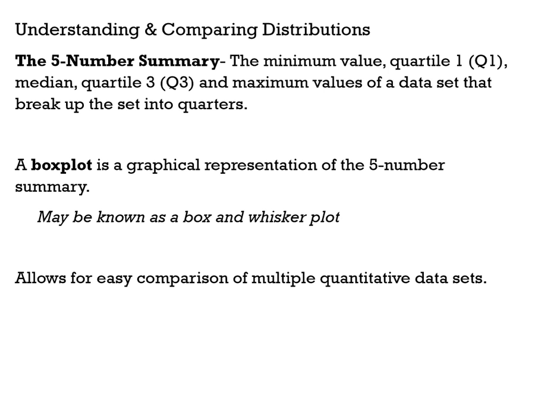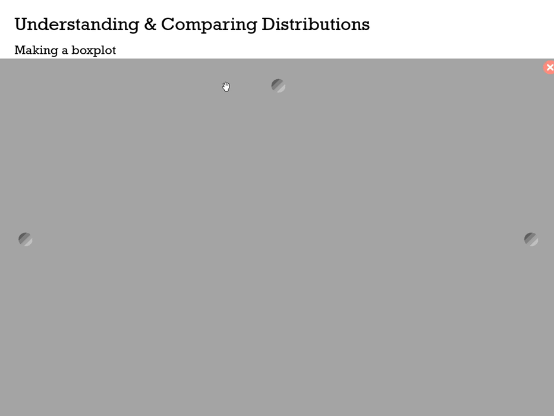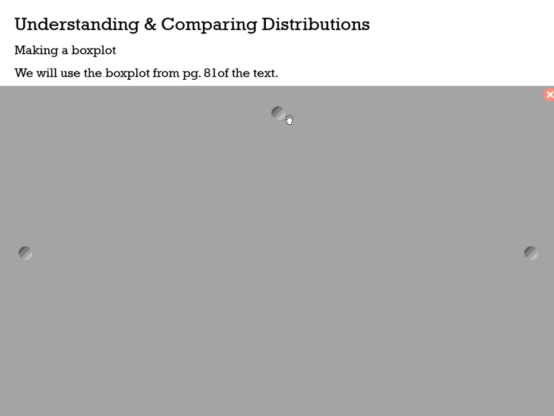So first things first, you're going to be given the 5-number summary, as is often the case when you're being asked to make a box plot. The one we're going to be using is from page 81 of the textbook, the second page of chapter 5. It's the average daily wind speed for the year of 1989 in, I think, Woods Hole, Massachusetts.